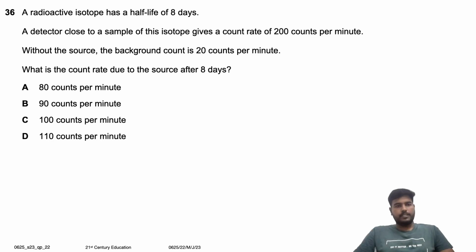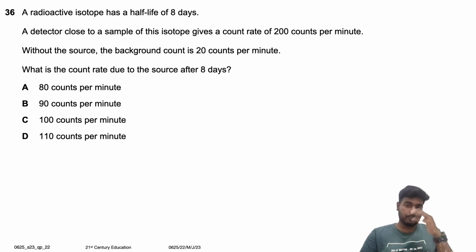A radioactive isotope has a half-life of 8 days. A detector close to a sample of this isotope gives a count rate of 200 counts per minute. Without the source, the background count is 20 counts per minute. What is the count rate due to the source after 8 days? After 8 days means after one half-life.